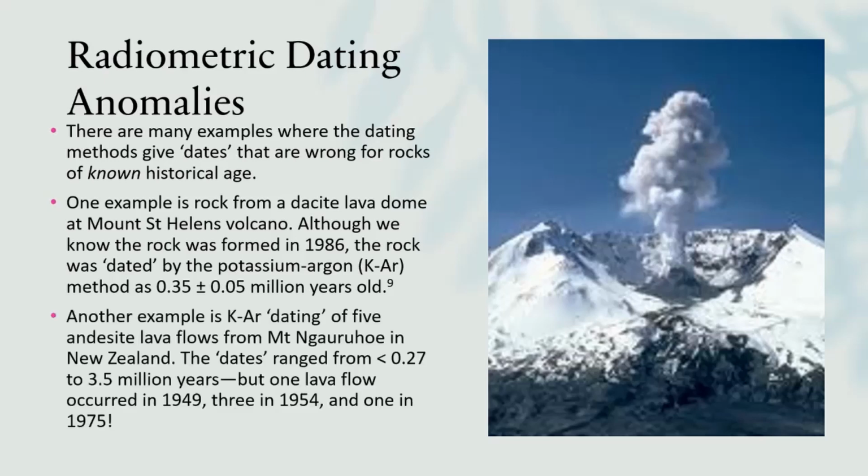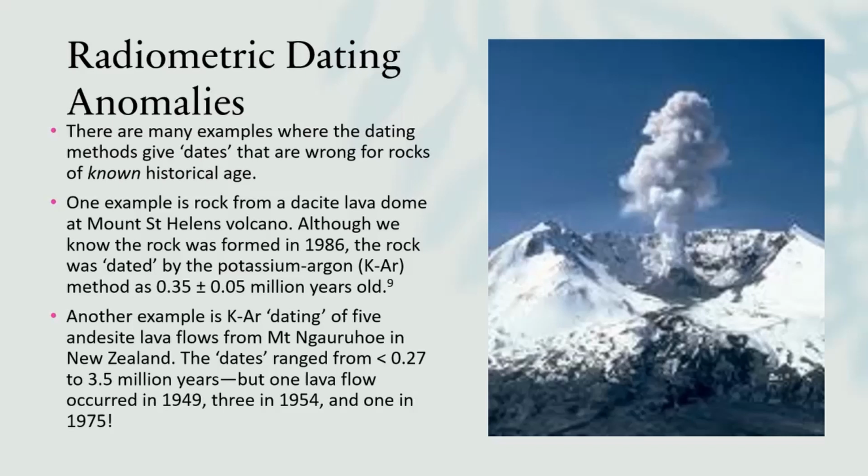Another example is potassium-argon dating of 5 andesite lava flows from Mount, there's a tough one, Ngauruhoe in New Zealand. The dates ranged from less than 0.27 to 3.5 million years.